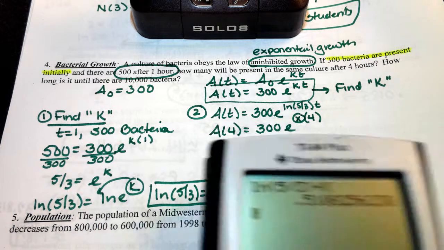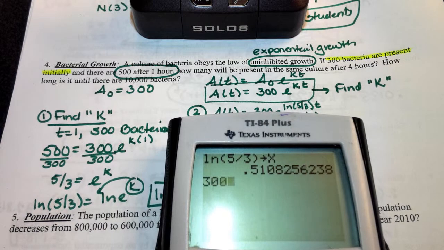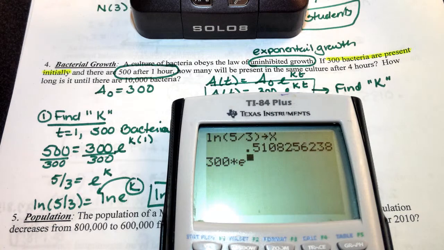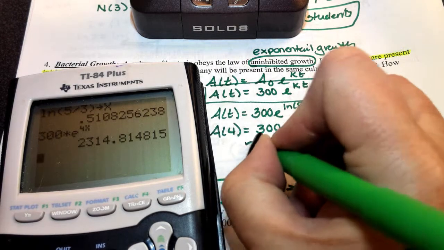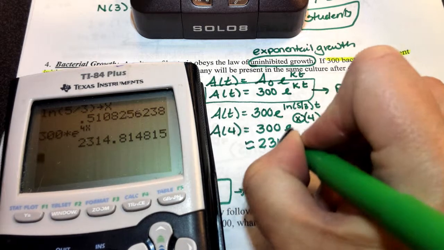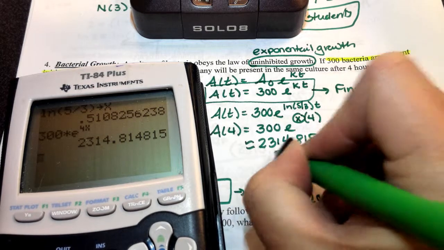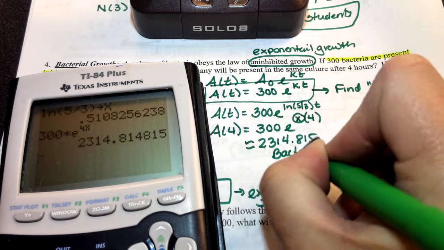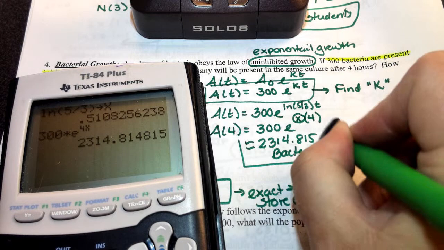So I'm just going to type this in my calculator: 300 times little e raised to the 4x, or wherever you stored that natural log of 5/3. So I'll have about 2,314.815 bacteria after 4 hours.